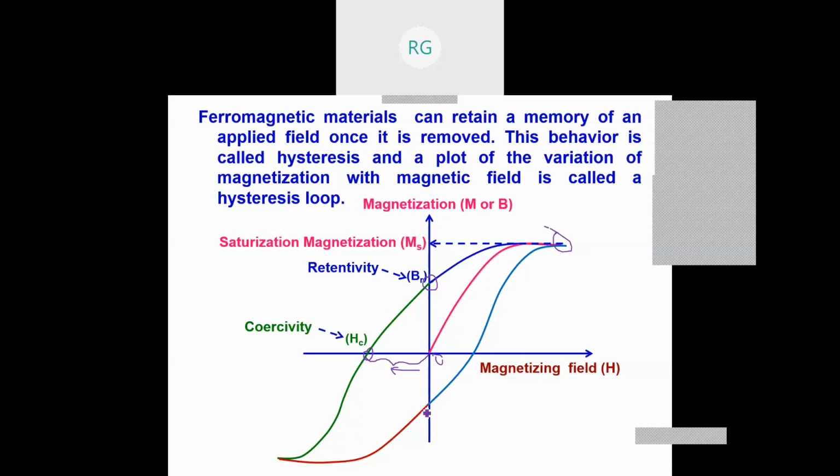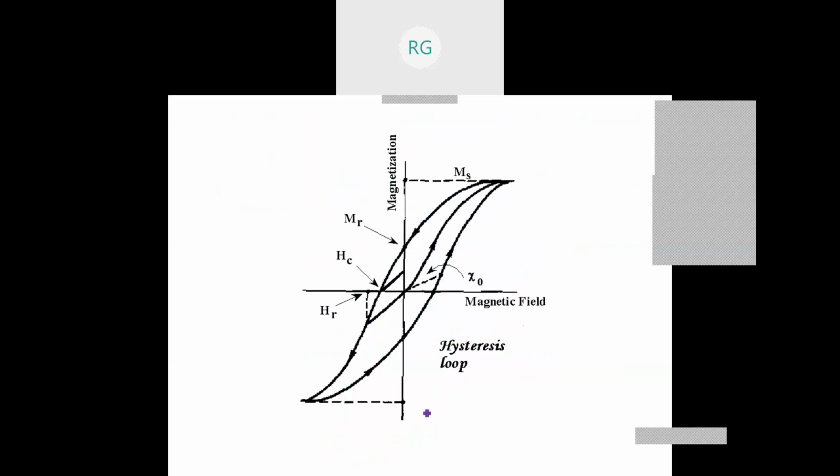This is called a BH curve or MH curve, also called the hysteresis loop. So the hysteresis loop, or hysteresis, is the process in which there is a phase lag or phase lead between H and B. This is called hysteresis, and this is the hysteresis curve I'm showing here, the same curve.